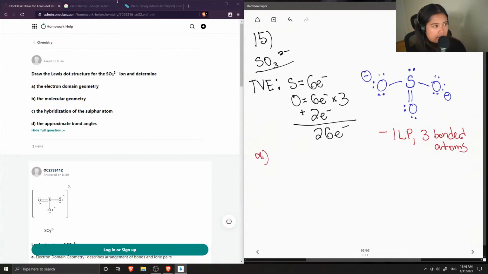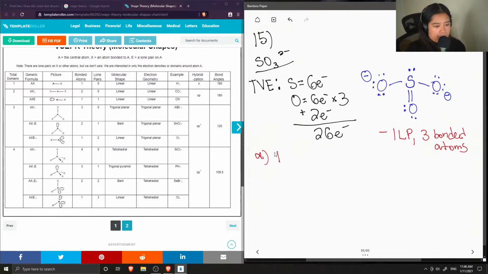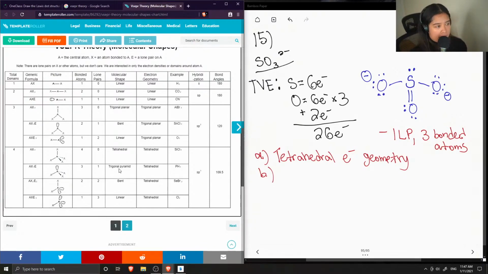So if we use our ESPRIT table, when you have 1 lone pair and 3 bonded atoms, for the electron geometry, you have a tetrahedral electron geometry. And for part B, what is the molecular geometry? We have a trigonal pyramid molecular geometry.